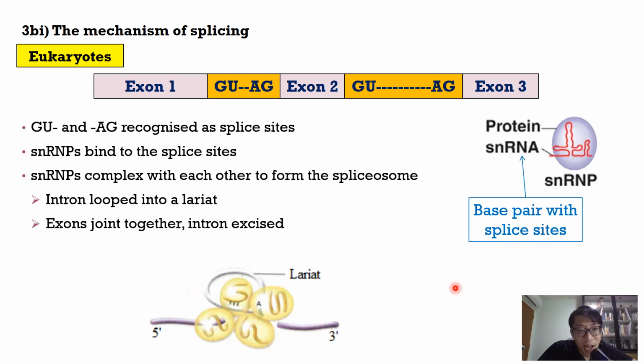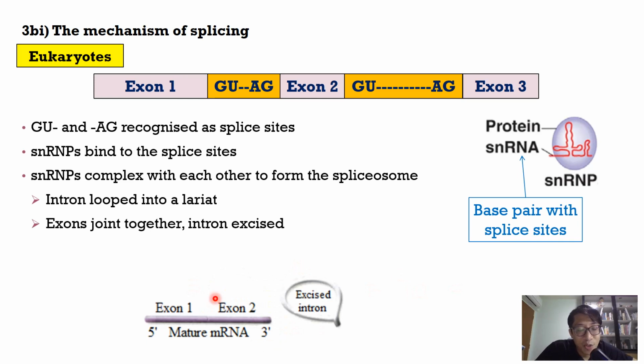The spliceosome would then cut away this intron lariat and join the exons, which are now close together. So you have the exons joined together and the intron in the form of a lariat cut away, or excised. That would be the process of splicing.